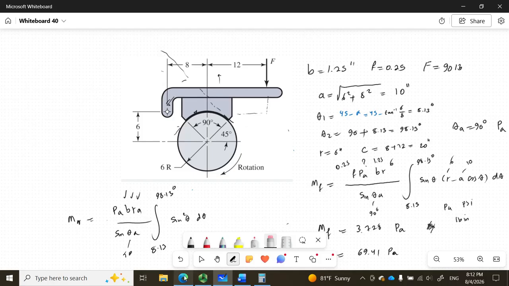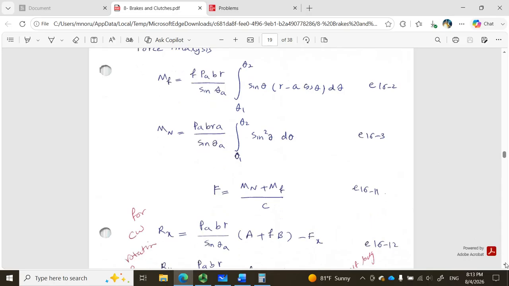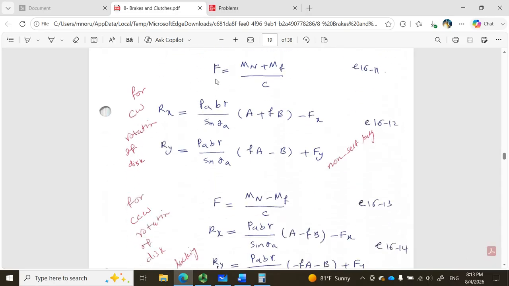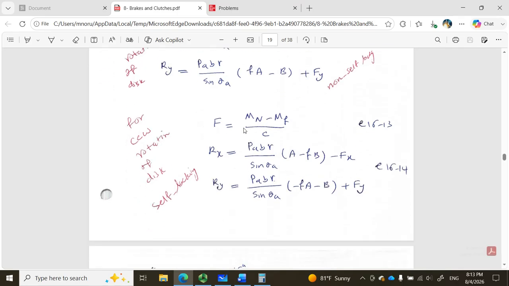So let's go back to the lecture notes. We said that for non-self-locking, this is a relationship between actuating force and those guys. And for self-energizing, this is a relationship. Alright, so let me write that now.